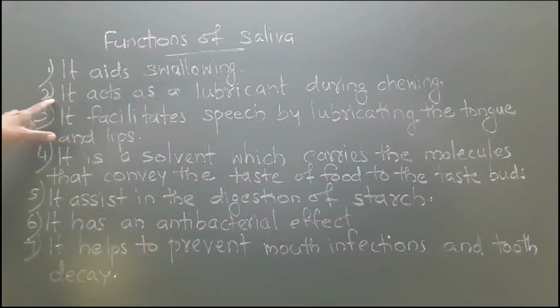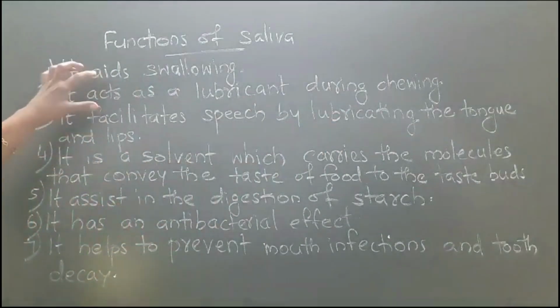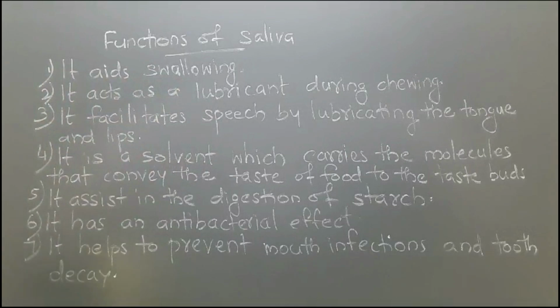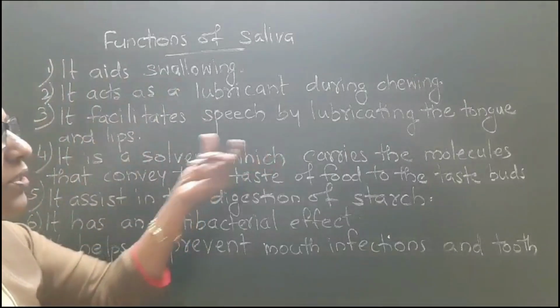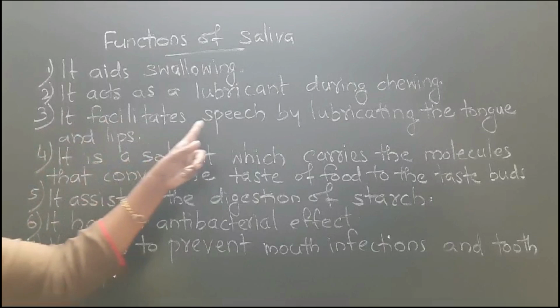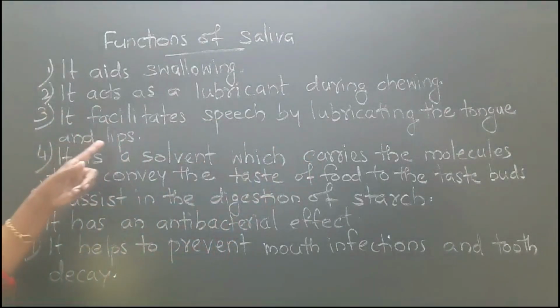Number 2, it acts as a lubricant during chewing. I already said in this point that saliva acts as a lubricant, and that is how it is easy for us to swallow. It helps in swallowing. It's already soft. Then third point, it facilitates speech by lubricating the tongue and lips.